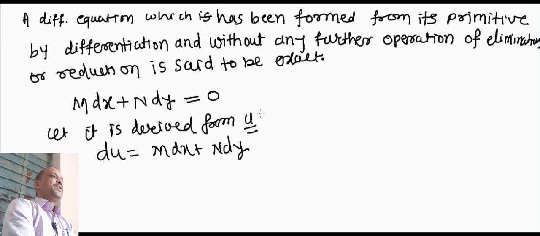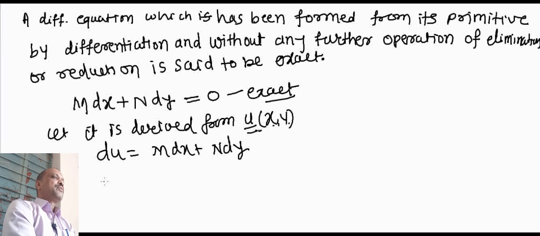Whenever it becomes exact, it is obtained from some function directly, without elimination or reduction.